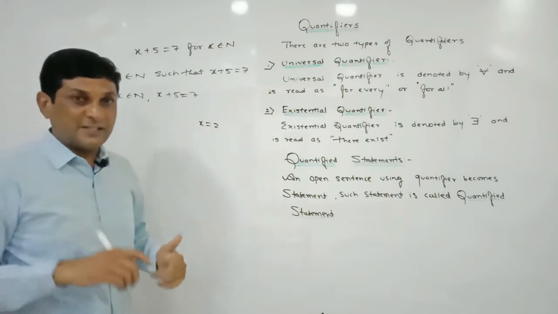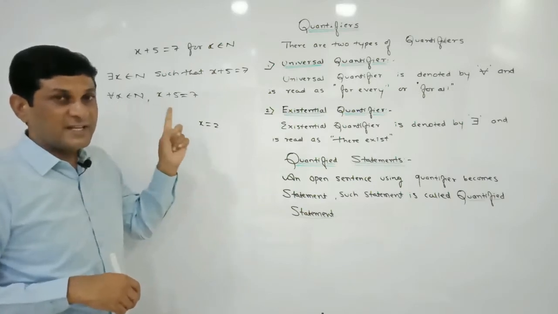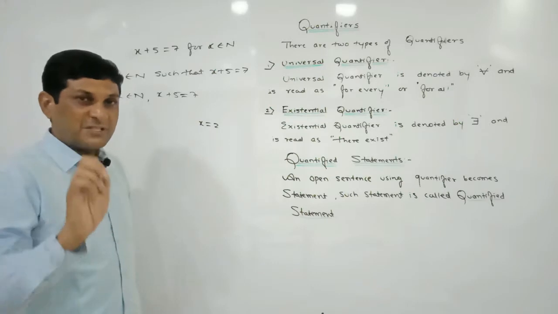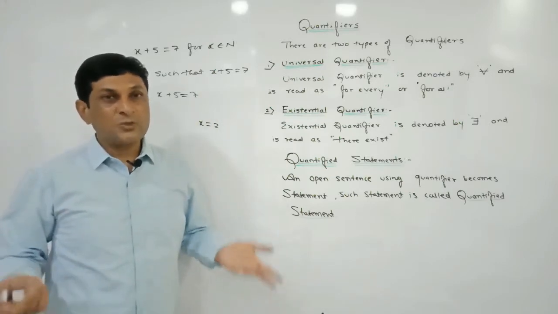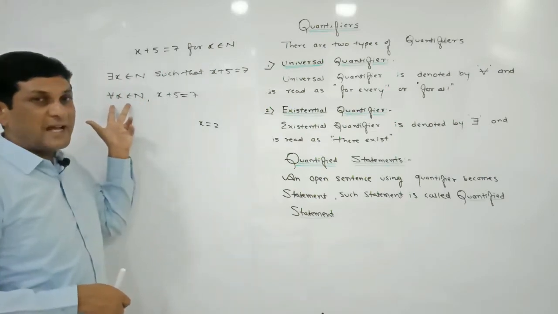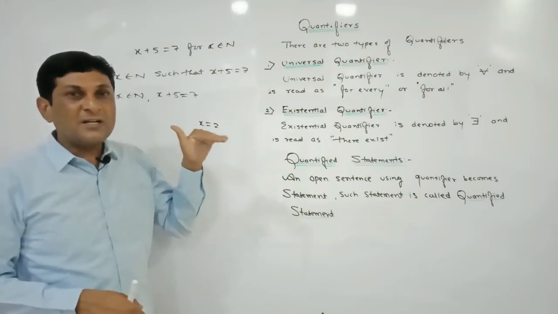So it is false. They are saying that every natural number satisfies this condition, which is not true, so we can say that it is a false statement. So using a quantifier, we have converted an open sentence into a statement.